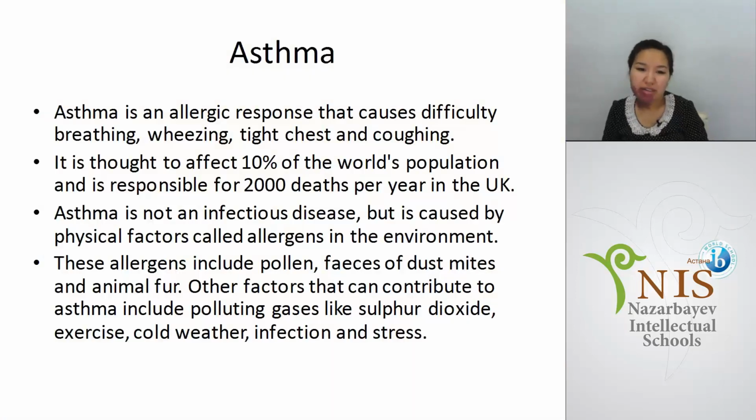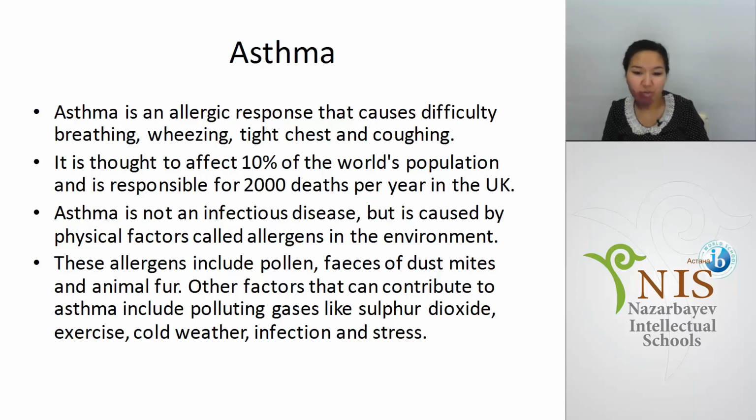Asthma is an allergic response that causes difficulty breathing, wheezing, a tight chest, and coughing. It is thought to affect 10% of the world's population and is responsible for 2,000 deaths per year in the United Kingdom. Asthma is not an infectious disease, but is caused by physical factors called allergens in the environment.